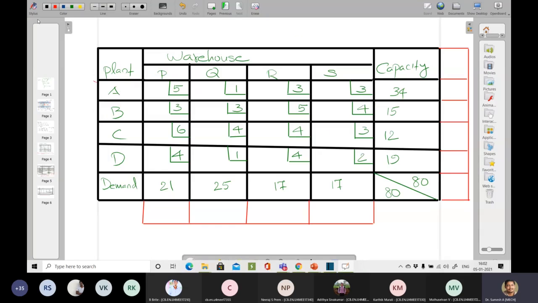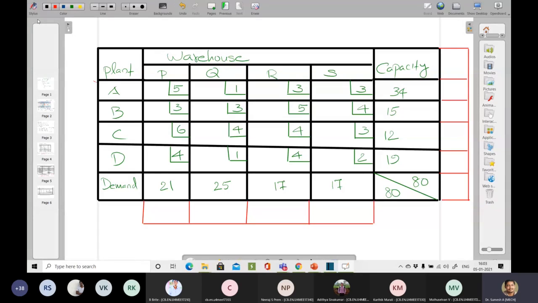We have 4 plants A, B, C and D and 4 warehouses P, Q, R and S, and the cost of transporting 1 unit from plant A to warehouse P, similarly A to Q, A to R, A to S, etc. is given. Capacities of the plants and demand of the warehouses are also given.